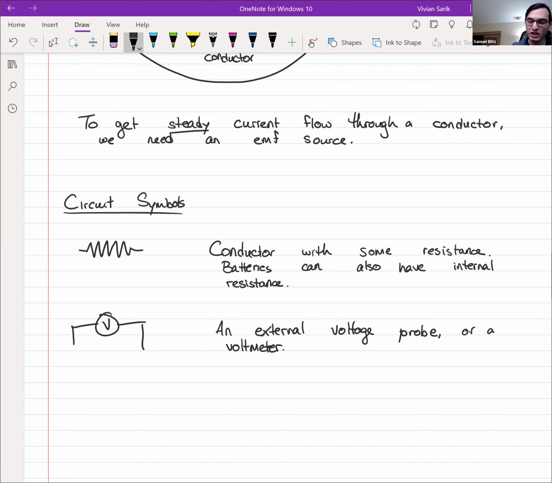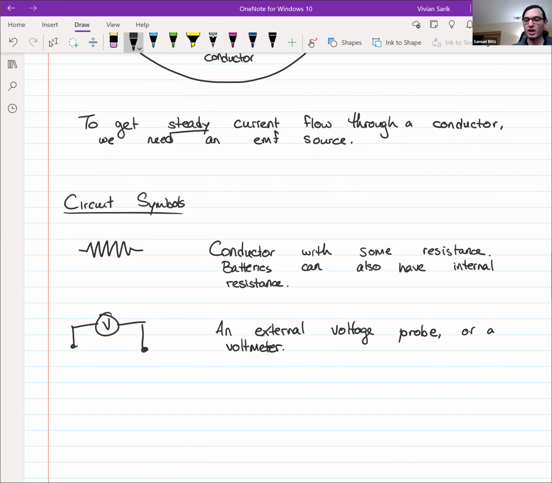What you do is you attach either of these ends anywhere you want in the circuit, and it will measure the voltage potential between those 2 ends, wherever they are put, without disturbing the circuit. So no current will flow through this voltmeter, or at least a negligible amount of current will flow through the voltmeter, but it will still give you a reading as to what the potential difference is between those 2 points that you're measuring.